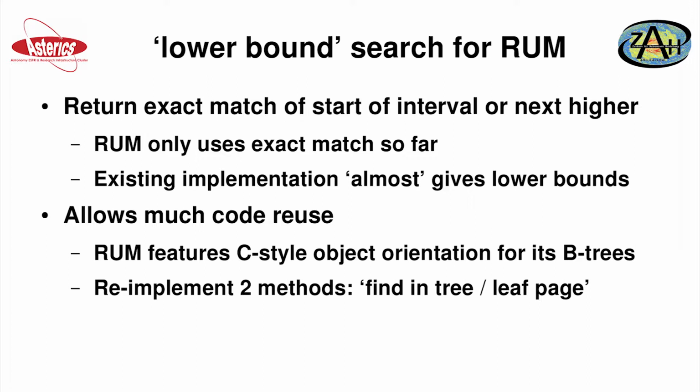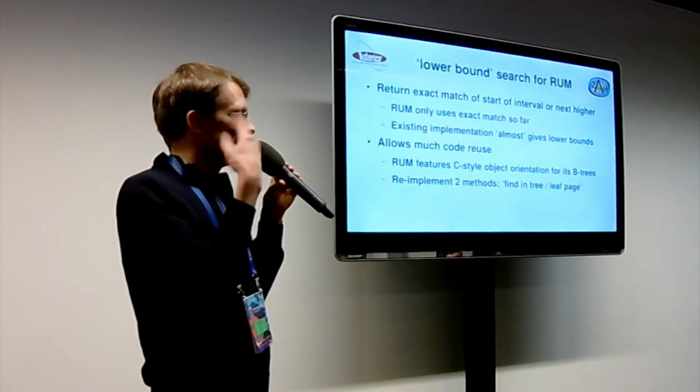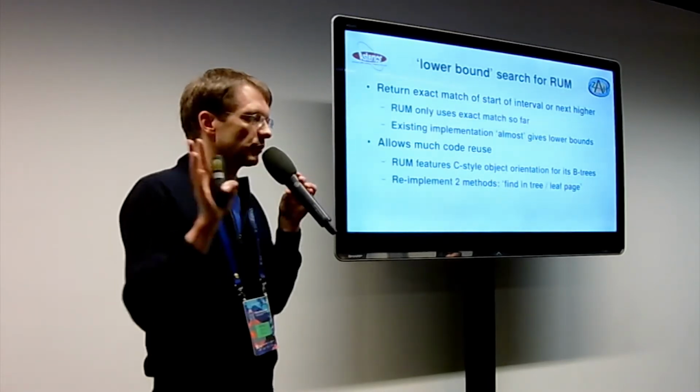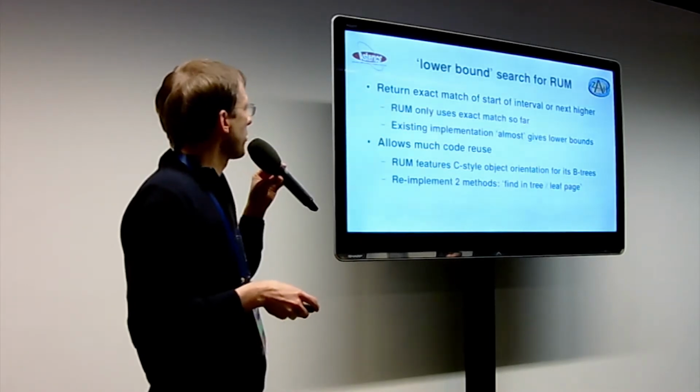Because these normal inverted indexes just search, as far as I know, for exact matches. Well, the implementation is almost like this, but in some corner cases not, and so this had to be modified.